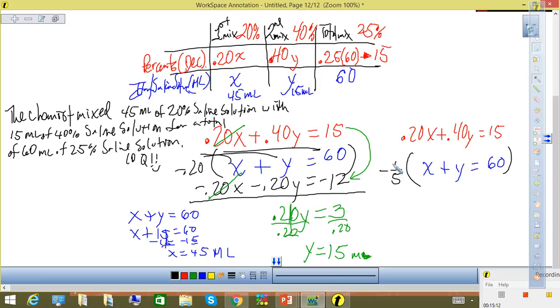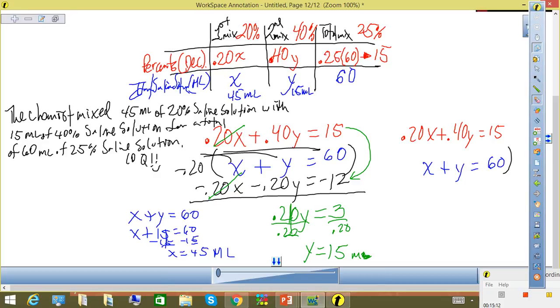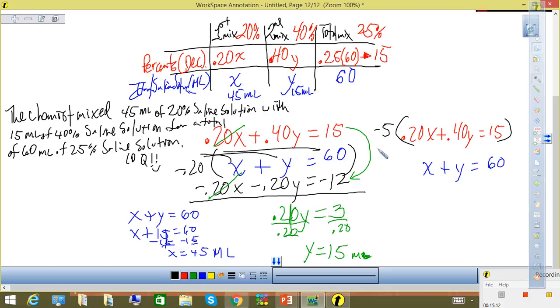Okay. Yeah, I'll take that. What other way? Seabass. Multiply the top one times -5. Why -5? Because this is 0.20. What is 0.20 times 5? This is 1. This is going to become -1.